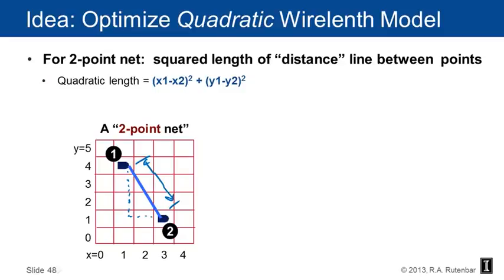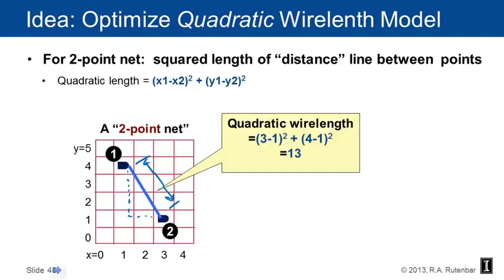And that's nothing more than x1 minus x2 squared plus y1 minus y2 squared. So that's actually pretty straightforward. And if we were to calculate that, that's going to be 3 minus 1 squared plus 4 minus 1 squared. Do the math, and the length of this wire is 13. So this is straightforward. Note that there's no square roots here.